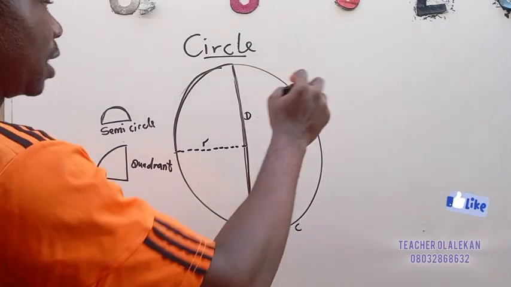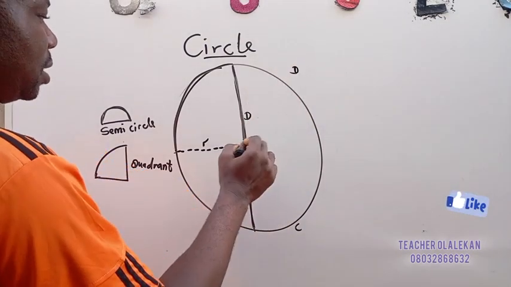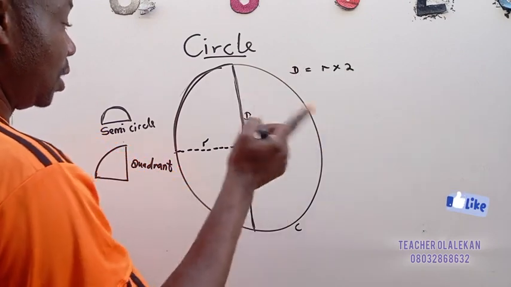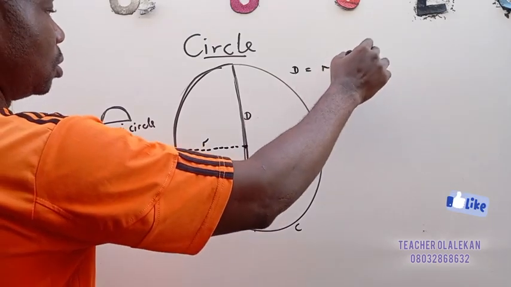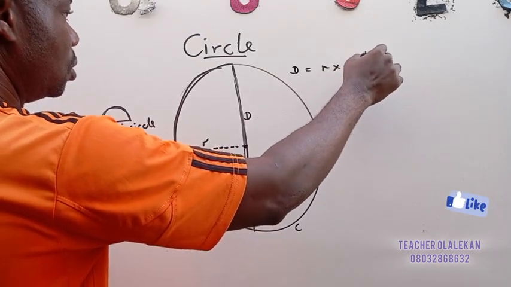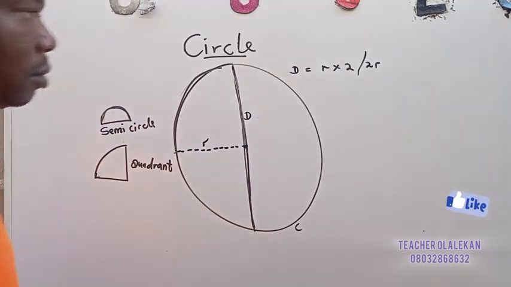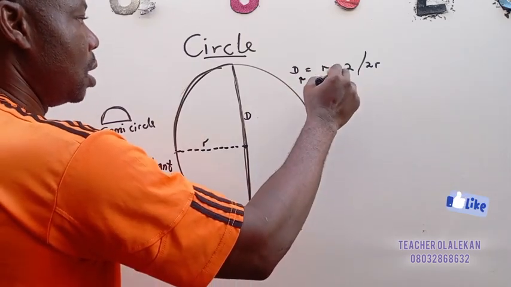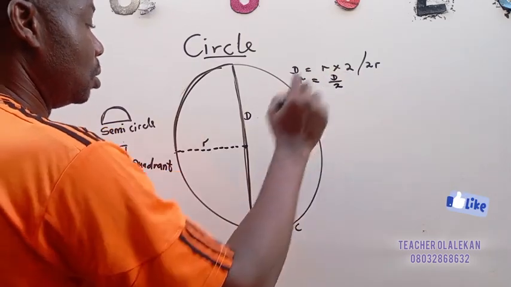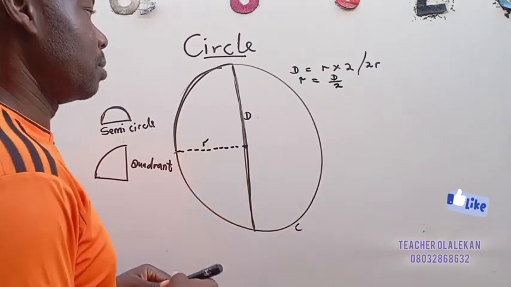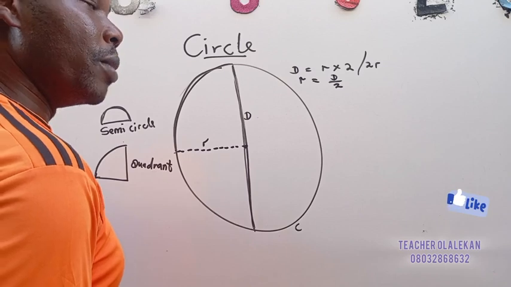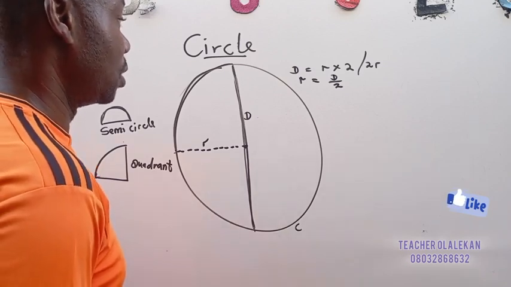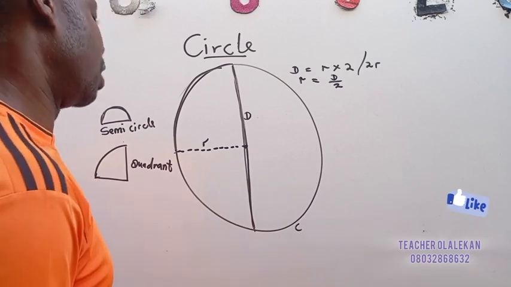So do not forget that diameter, like we said, is radius multiplied by 2, that's 2r. Radius is equal to diameter divided by 2. So we need to take cognizance of that, because in some formulas we may need to find the radius before we'll be able to find our area.